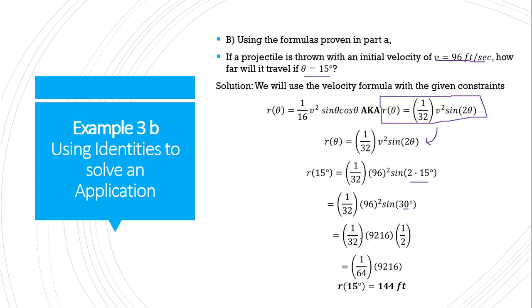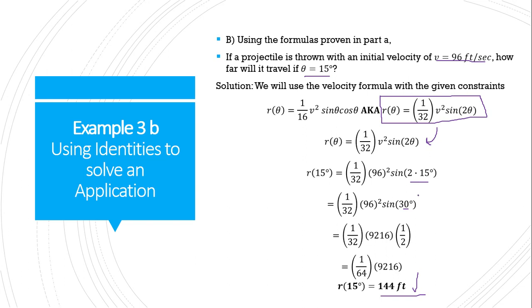Then 1 over 32 times 96 squared is 9,216, and sine of 30 degrees evaluated is 1/2, so plugging that in gives me 1 over 64 times 9,216, and if I take 9,216 divided by 64, I end up with 144 feet.